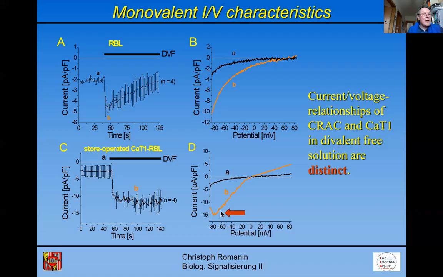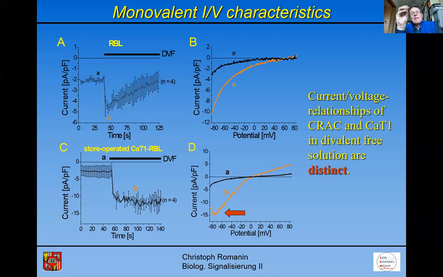But for biophysicists, this is a very characteristic hallmark of these CAT1 or later TRPV6 channels, that they show this U-shaped form at the very beginning when doing the current voltage relationships. In this Nature paper, they omitted it. They didn't show it, so as to make it quite similar to the endogenous current. But that was a very, very clear characteristic.